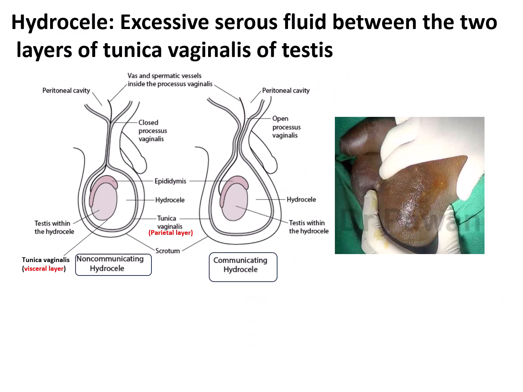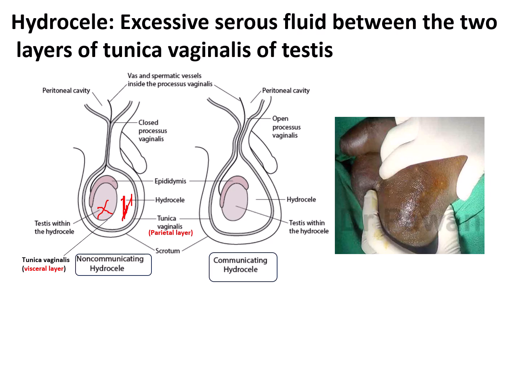Another disease related to the testis is hydrocele, where there is accumulation of fluid between the two layers of tunica vaginalis. As I told you, tunica vaginalis is a layer which surrounds the testis here. So the outer layer here is called the visceral layer, and the inner layer is called the parietal layer of tunica vaginalis.